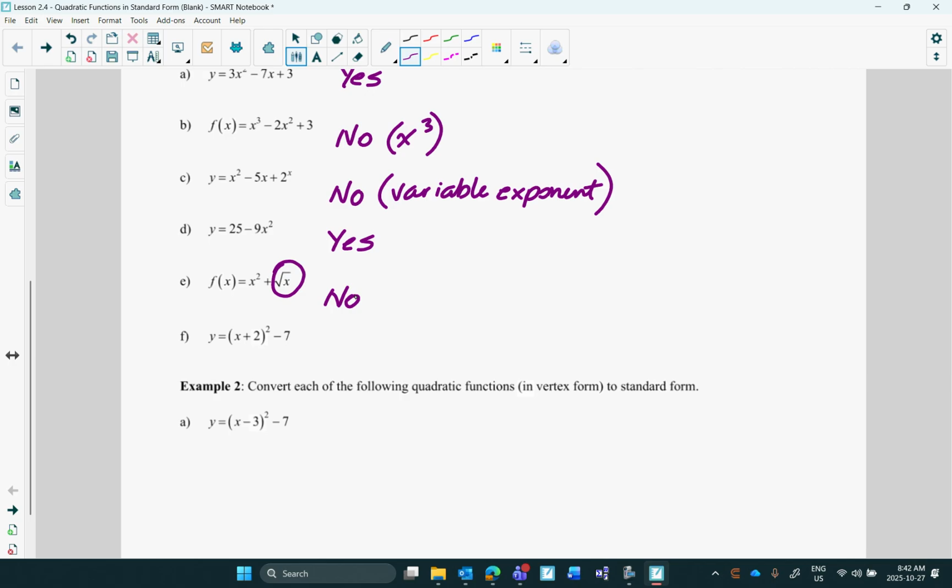because remember how to write square root as a fraction, as, well, I gave it away, as an exponent. x to the, do you remember square root of x is the same as x to the, you learned it last year? 1/2. Can't have fraction exponents. How about the last one?